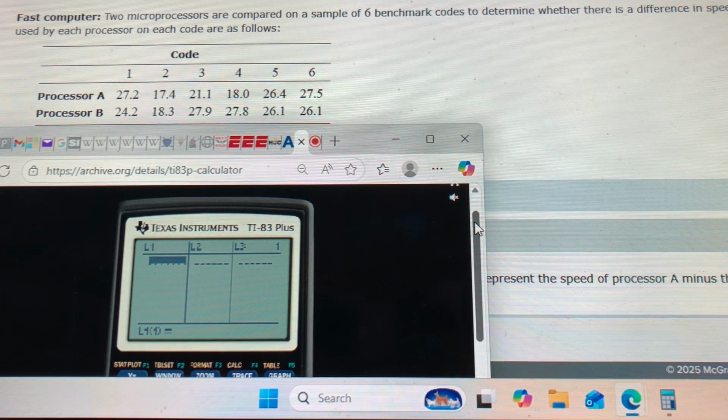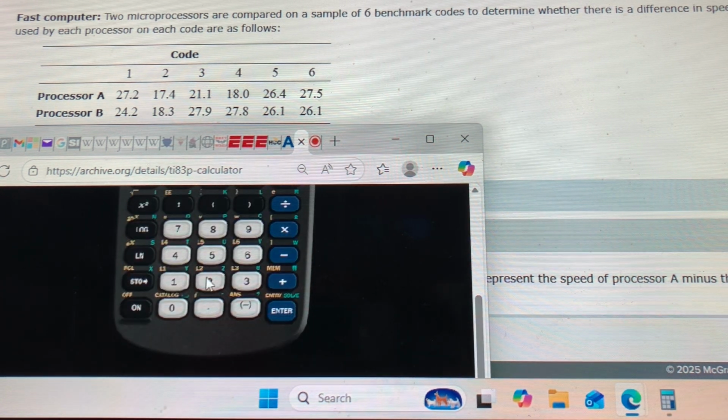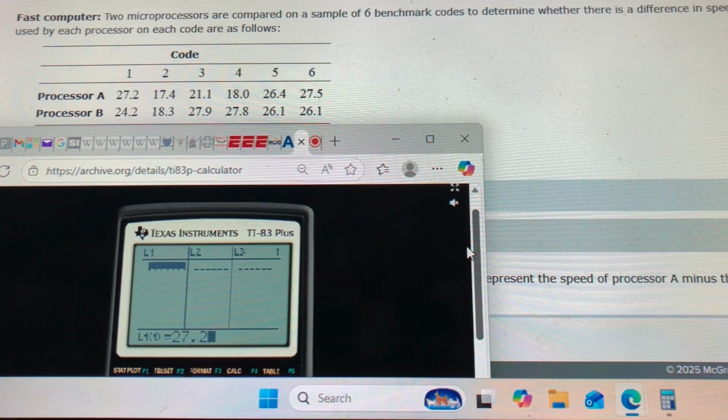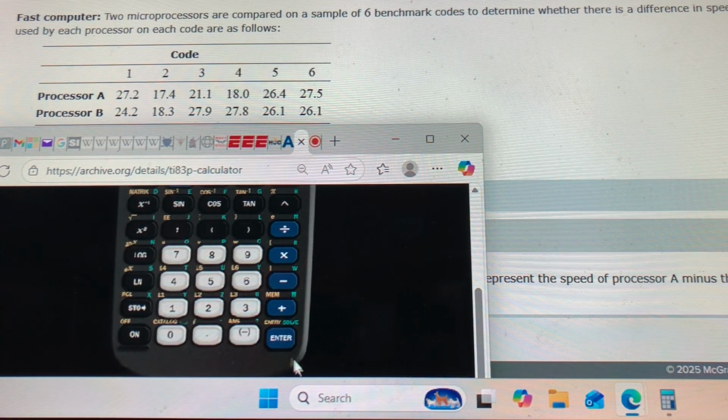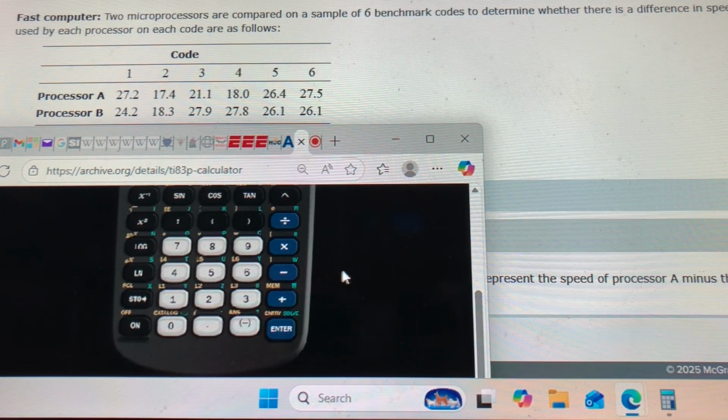Then type in 27.2 and press enter. I'm trying to do this so you can see it. 17.4, enter. 21.1 and 18.0.